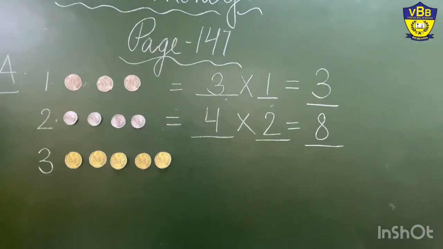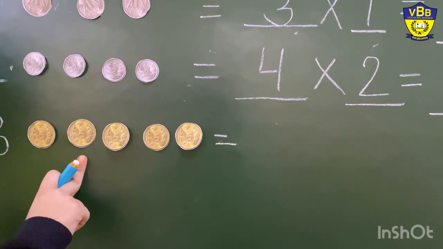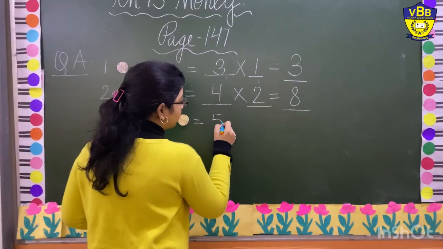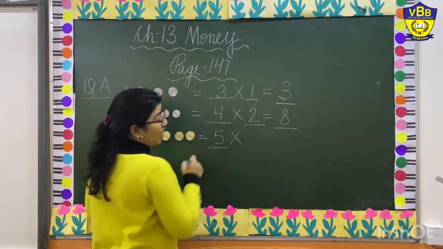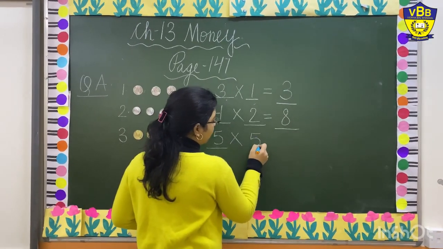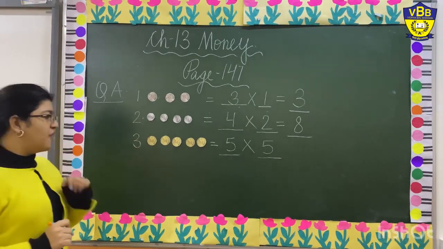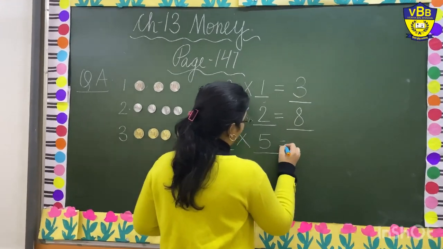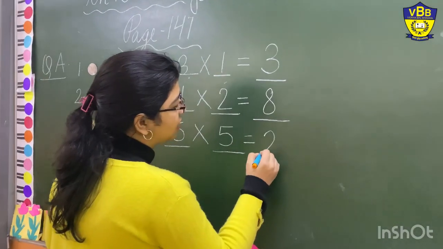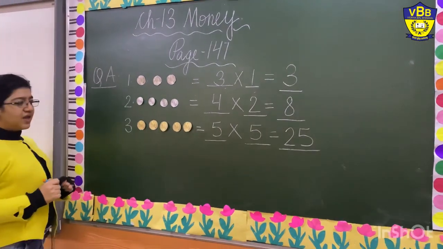Yes, well done, there are 1, 2, 3, 4 and 5. 5 coins of rupees 5. So, 5 times 5 is, well done, rupees 25.